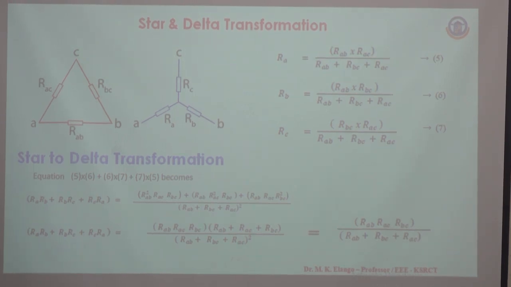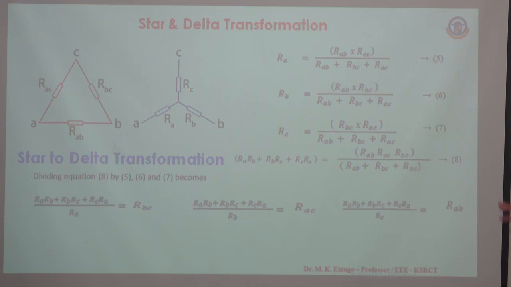So equation number 8: RARB plus RBRC plus RCRA gives RAB RAC RBC by RAB plus RBC plus RAC. From equations 5, 6, 7, 8 we can easily convert star connected systems into delta connected systems.